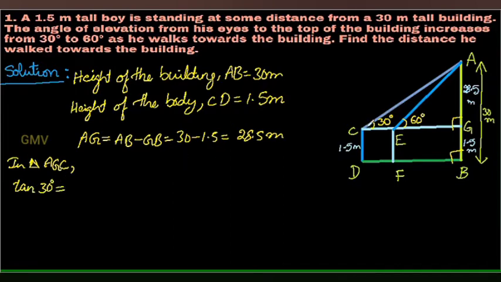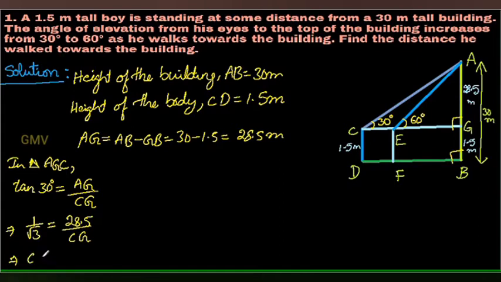Here we know AG, that is the opposite side with respect to 30 degree. We have to find out CG, that is the adjacent side. So opposite and adjacent are present in tan, so we have taken tan 30 degree here. So opposite is AG by CG, adjacent is CG. So tan 30 degree value is 1 by root 3, is equal to AG, which is 28.5, by CG. We don't know CG.